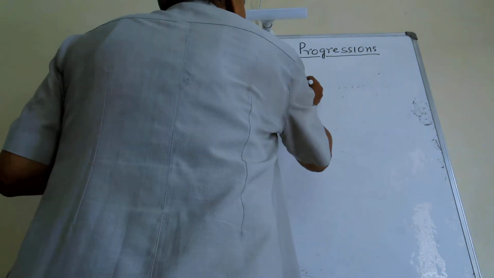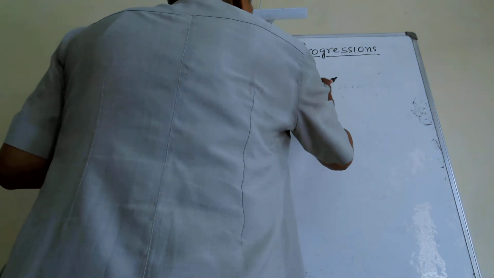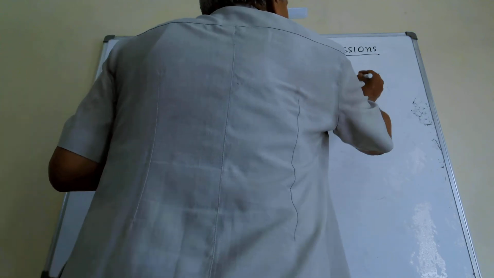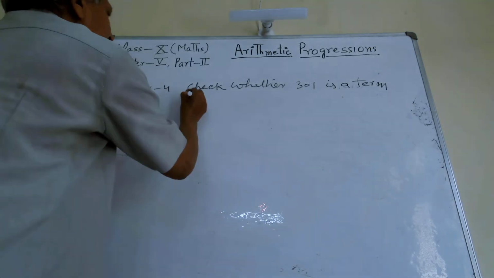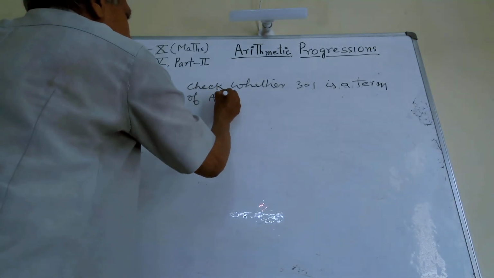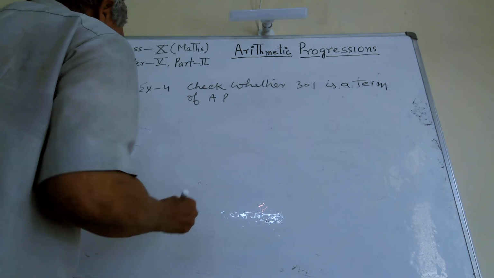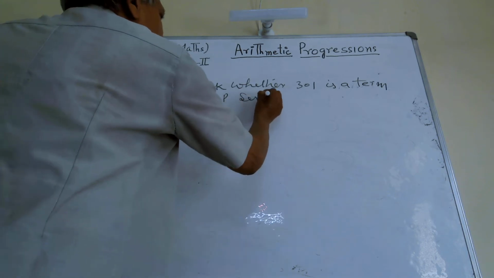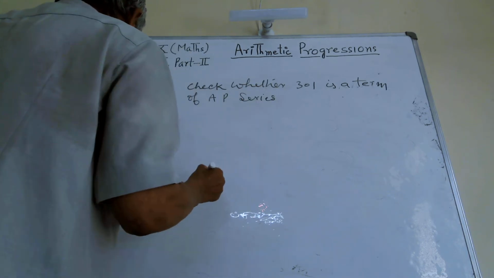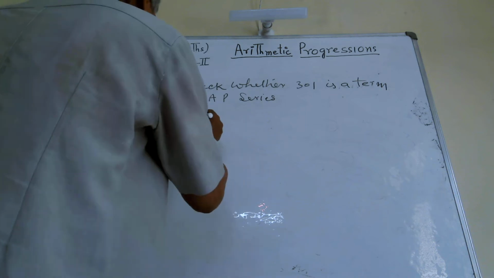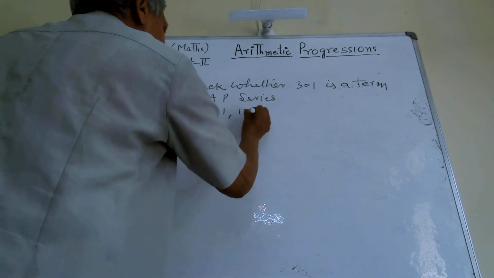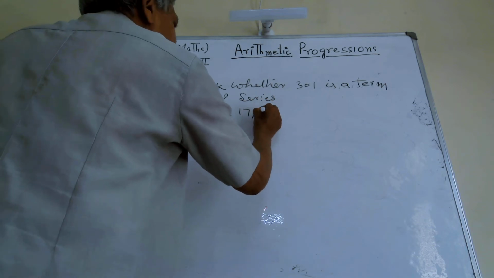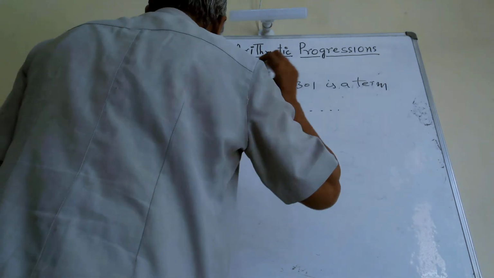Check whether 301 is a term of the AP series: 5, 11, 17, 23 and so on.